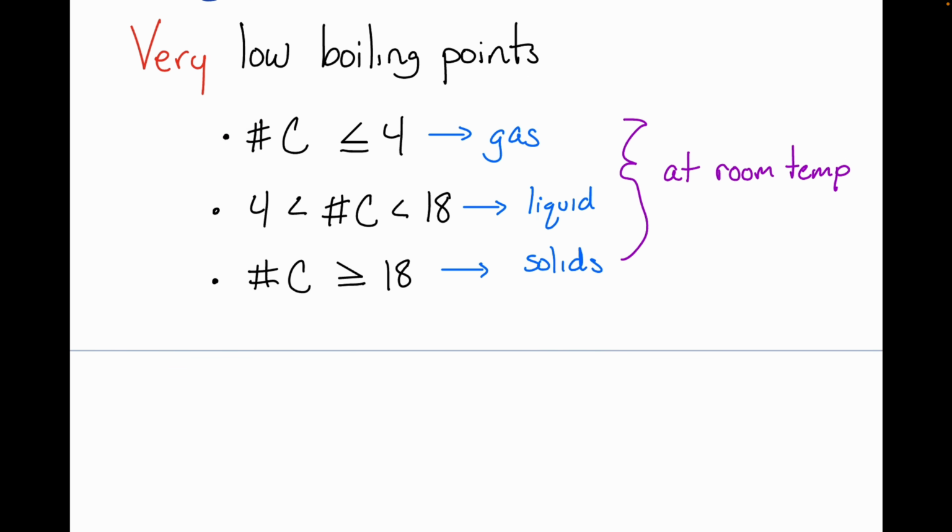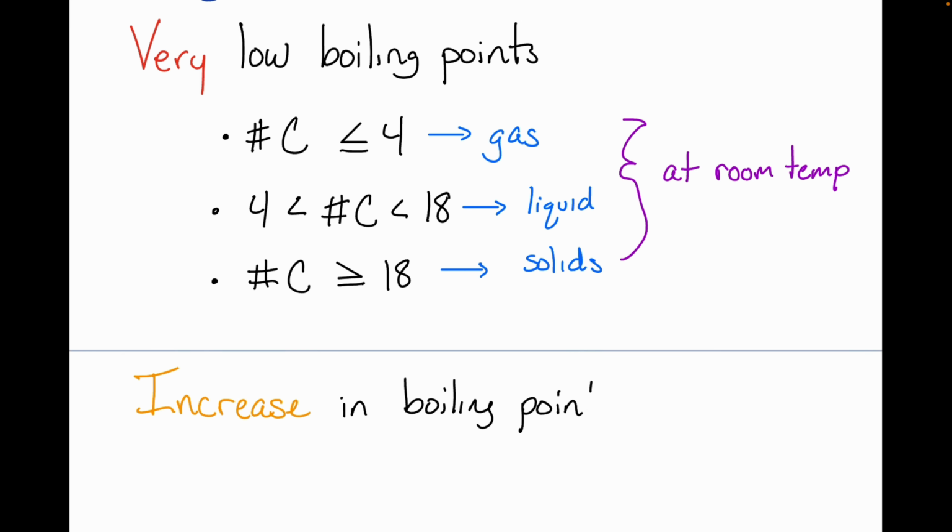Well, now what we can see just from this here is we said that they have very low boiling points, but we do see this trend here where our boiling point increases as our number of carbons increases.